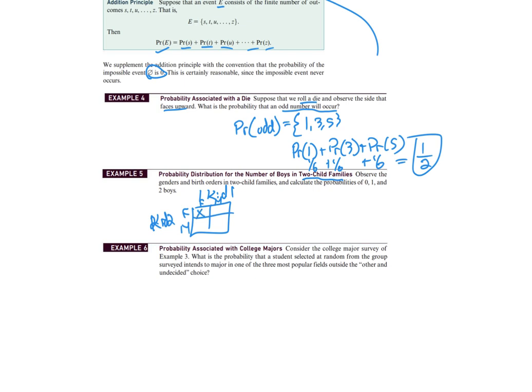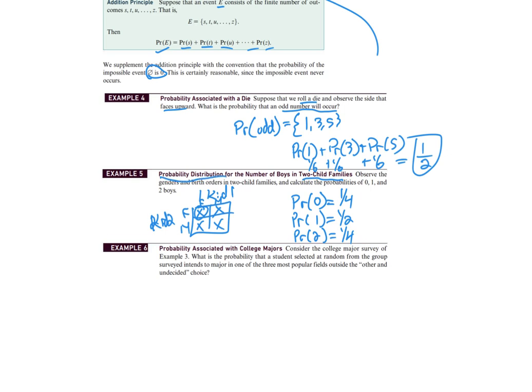So we could have female-female, male-female, female-male, and male-male. The probability of 0 boys is a 1 out of 4 chance. That's where you get female-female. The probability of 1 boy is a 1/2 chance, and the probability of 2 boys is a 1/4 chance. Again, we add these all up and they equal 1, and they're all between 0 and 1. So that's the probability distribution.